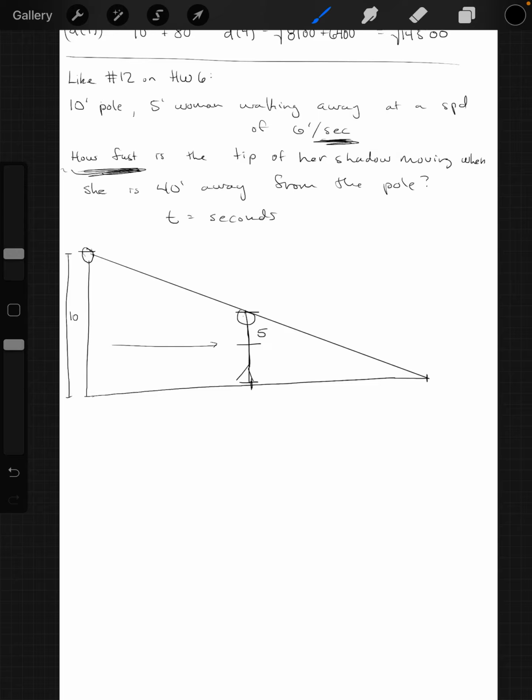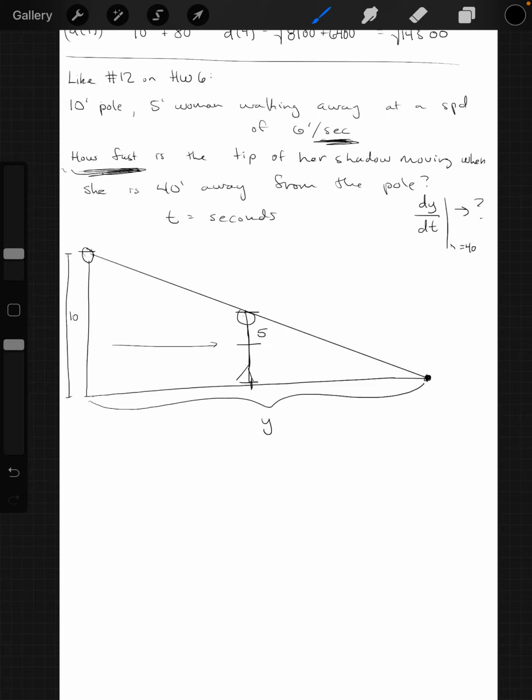Right? So the rate of change of this distance is what we want, right? Because this is the tip of our shadow, and how fast that number is growing is telling us how fast the tip of her shadow is moving. So once we have this labeled, the problem is asking what is dy dt when something, we don't have a name for it yet, is 40, right?